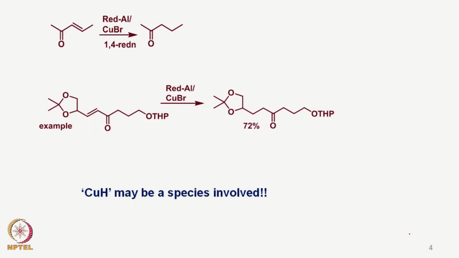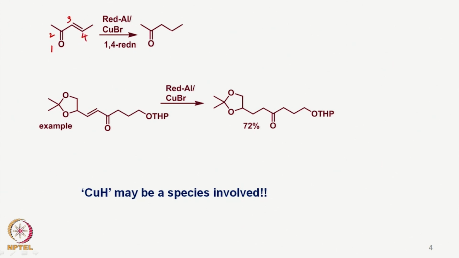For example, when the reduction of an alpha beta unsaturated ketone is carried out with Redal in the presence of copper(I), like cuprous bromide, this 1,4 reduction takes place. Last time I told you this is 1, 2, 3 and 4.